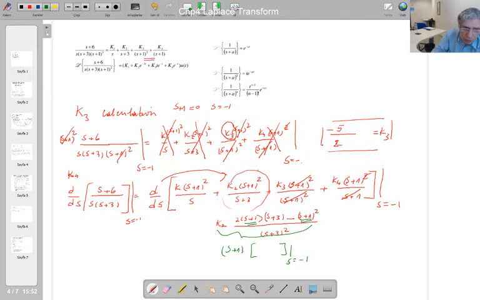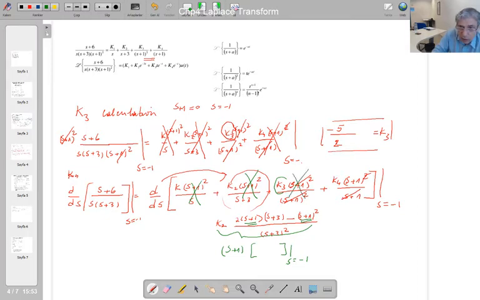Similarly, the square of (s plus 1) in the numerator ends up with a derivative containing (s plus 1), so that's going to disappear as well. This one is a constant, and the derivative of a constant with respect to s is 0. That has gone as well.